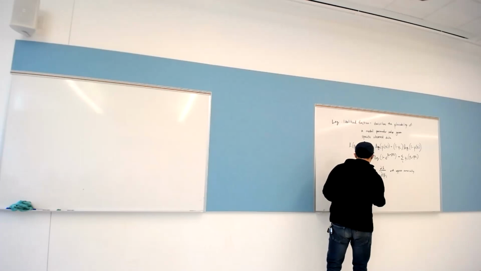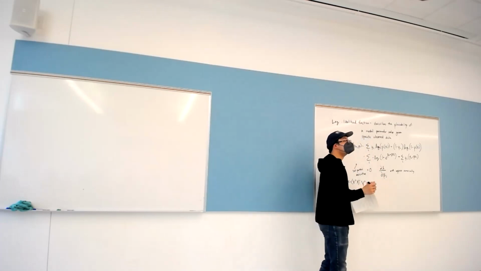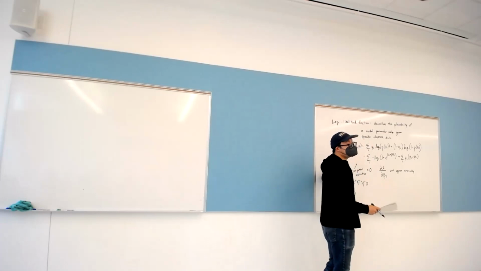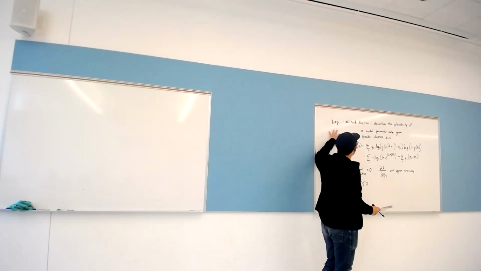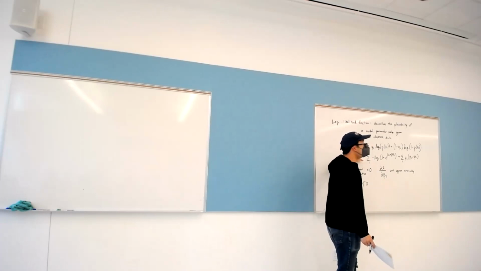Is it y transpose X? Something like this. So you can't do that here, unfortunately. With the log likelihood function, this type of thing does not have a closed analytical solution.